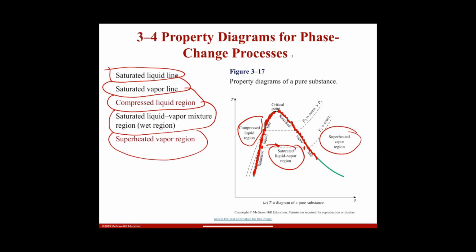I want to recap everything. Again, this is explained more in the book, but I want to show you something. I have two diagrams: the temperature-specific volume diagram, and the pressure-specific volume diagram.